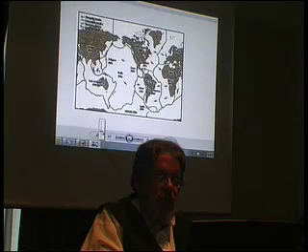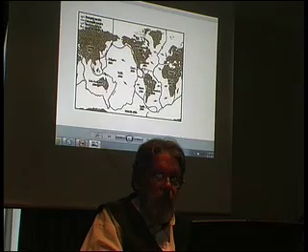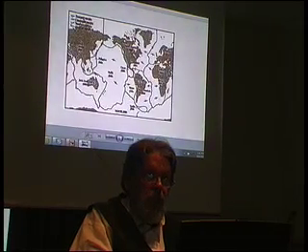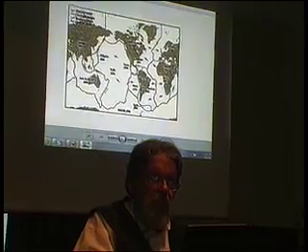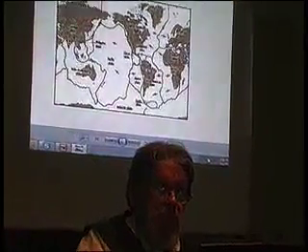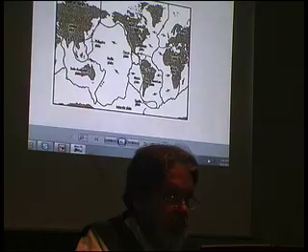Now, remember I said our plate tectonics. This is what's called the African plate, and this is what's called the European plate. And see this little fault line right here? That's where the African plate pushes up against the European plate.